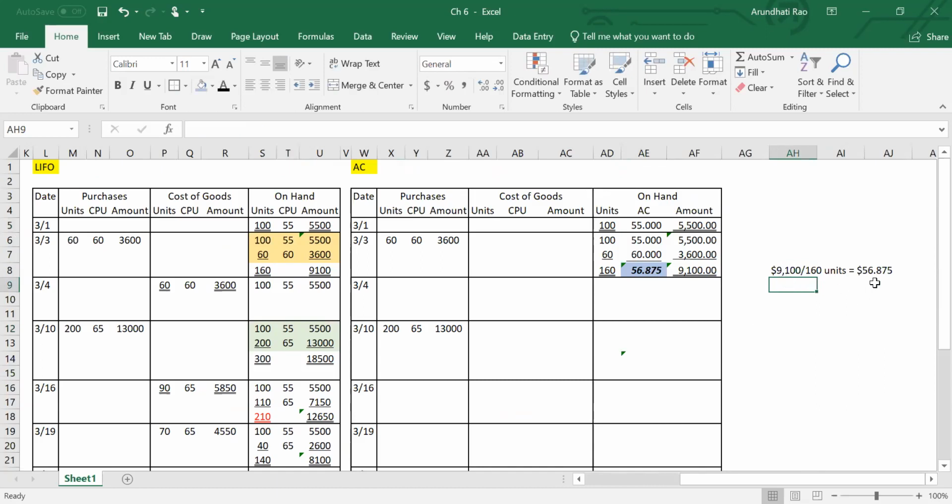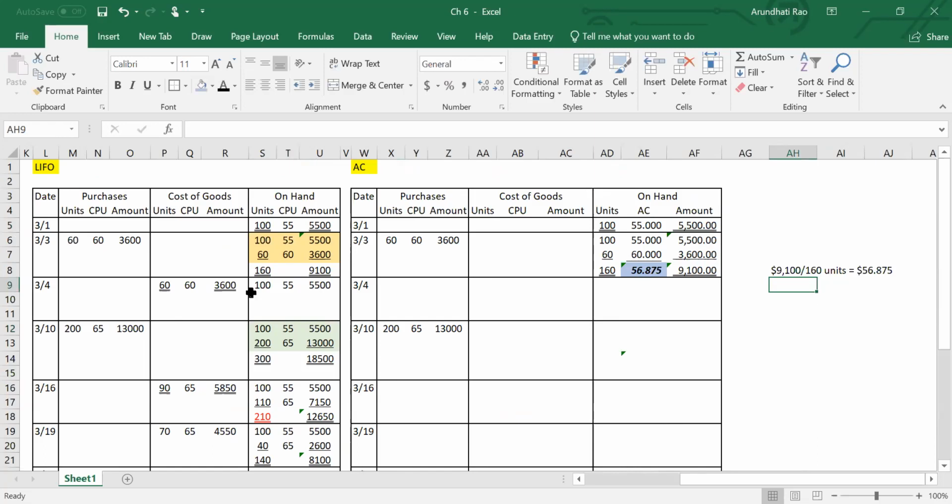Okay, keep this to 3 decimal places. That's what they've advised you. Keep it to 3 decimal places. The dollar amounts we're going to keep to 2 decimal places. But the average cost per unit, we're going to keep it to 3 decimal places.